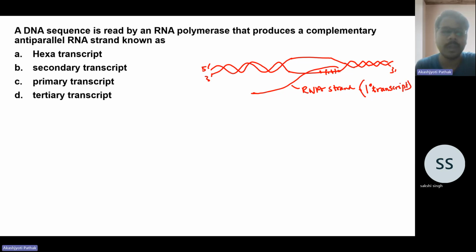You will often encounter this term in textbooks, which is why the antiparallel RNA strand synthesized is called the primary transcript. This does not require much explanation, so the answer is option C.